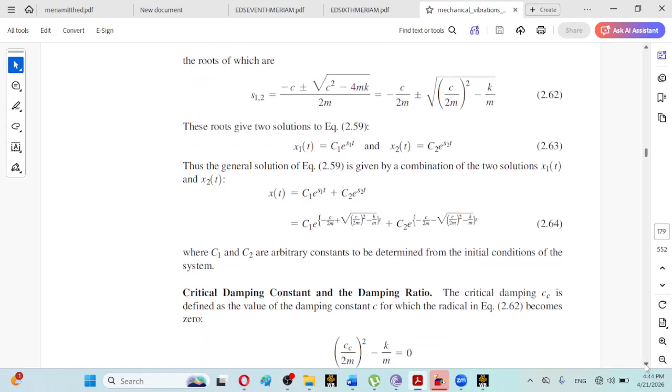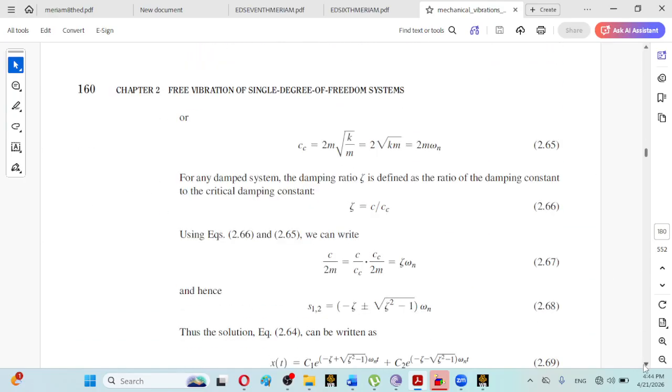So when we take omega n as common, the roots s1, s2 will be minus damping factor plus minus square root of damping factor square minus 1, into omega n. Remember, omega n is actually outside these parentheses, that is taken common here.